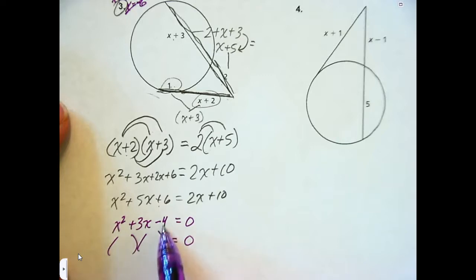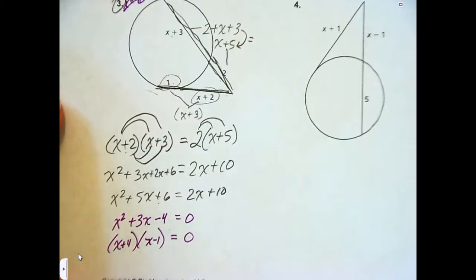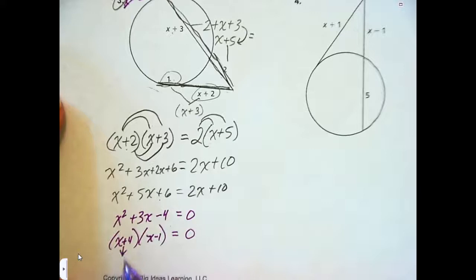No, it's multiply to get negative 4. Add to 3. Yeah. 4 and negative 1? Good. All right. We take it in. Here you get x equals negative 4. Here you get x equals 1.